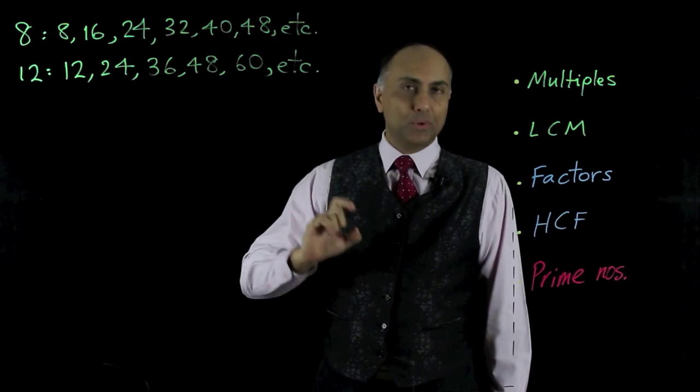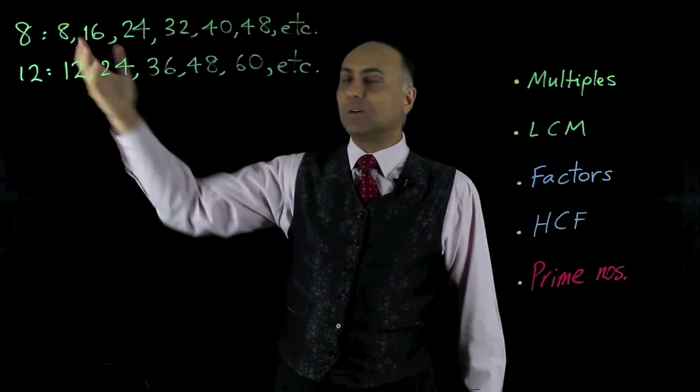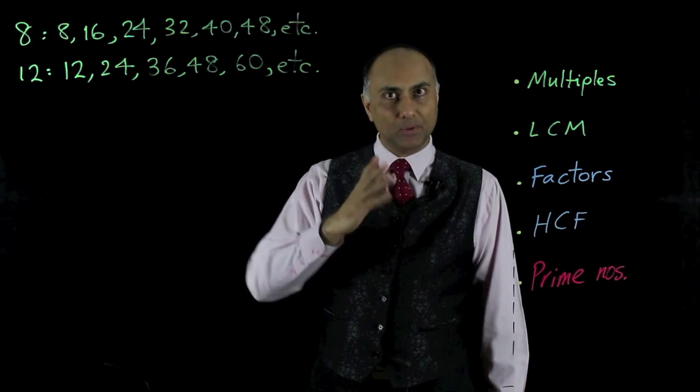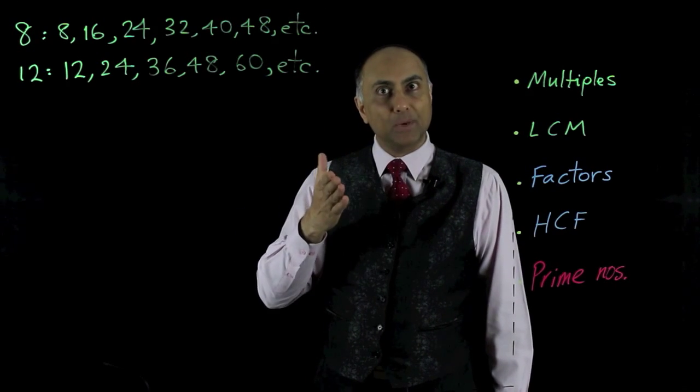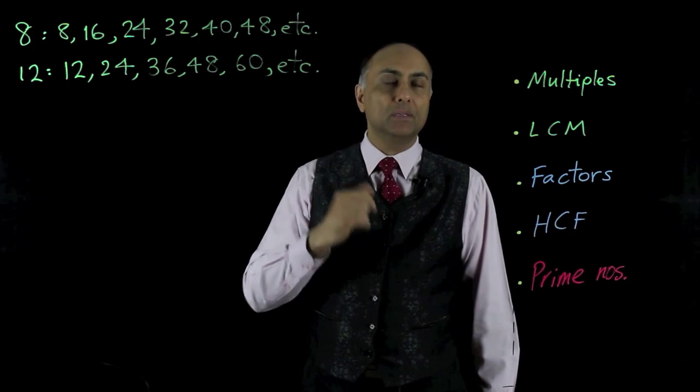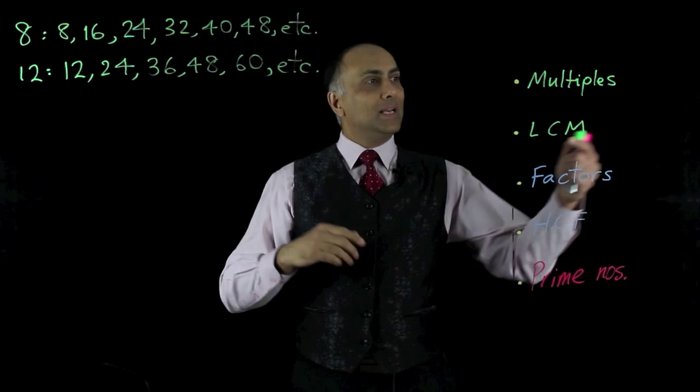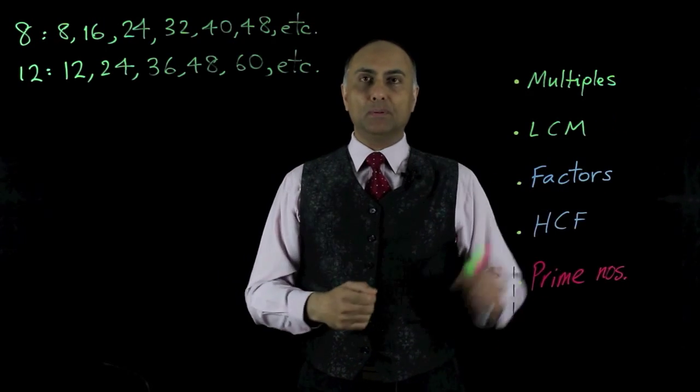But another important point to note is that the first multiple of any number will be that number itself by definition, because the first multiple is that number multiplied by 1, which always gives you the number that you were given.